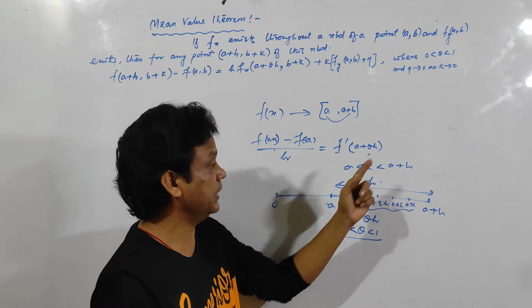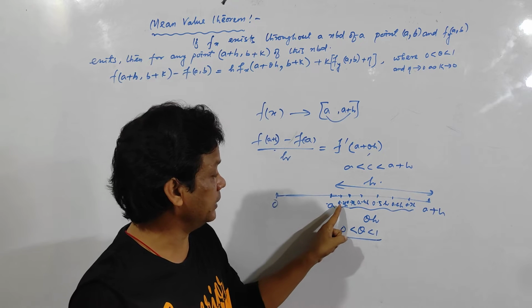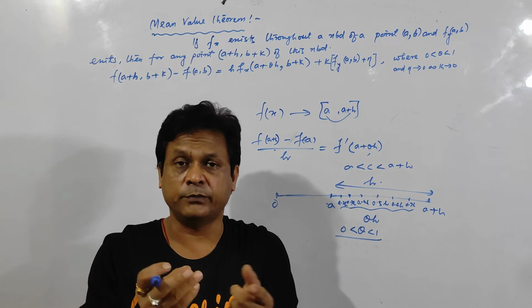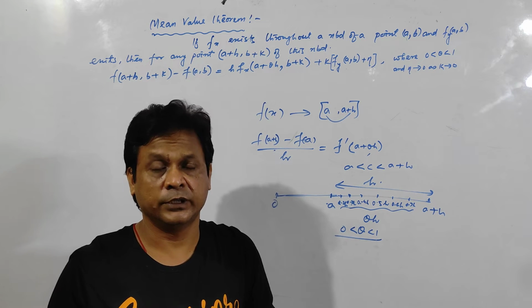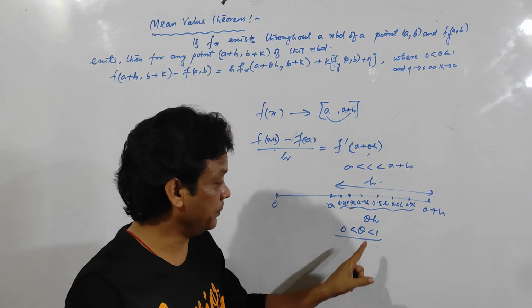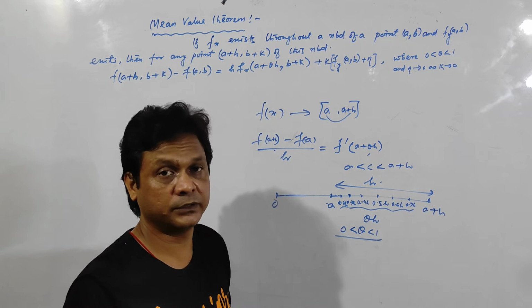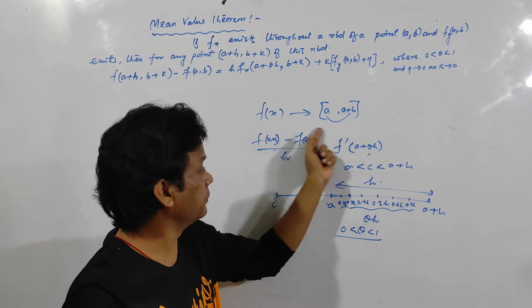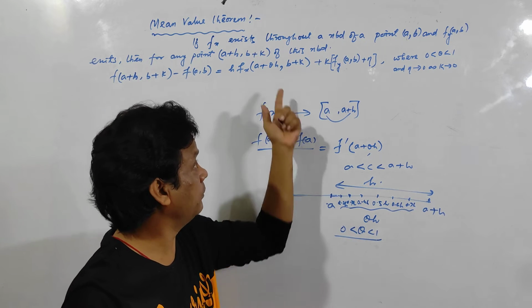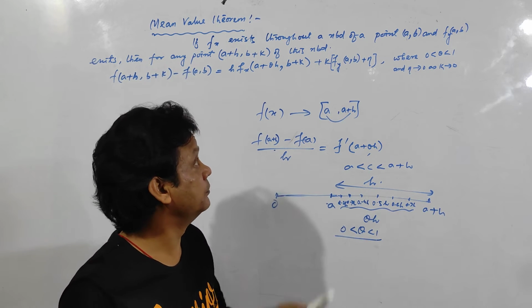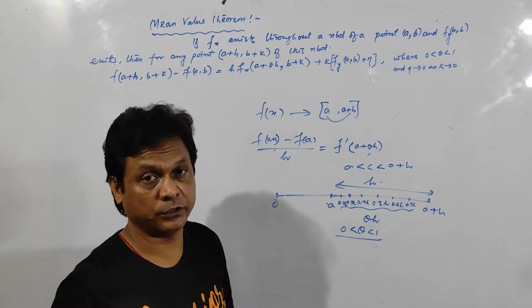So a plus theta h, where theta is 0.1, 0.2, 0.33 something, 0.5234, then 0 point something. That means theta lies between 0 and 1. So remember this formula, and I will apply this formula in the proof of this theorem. Okay.